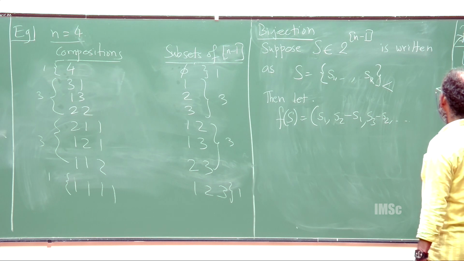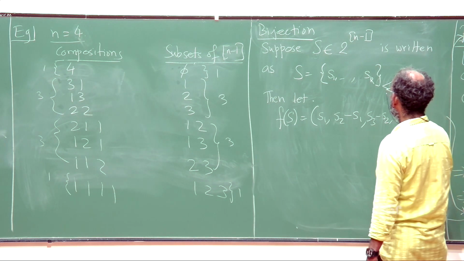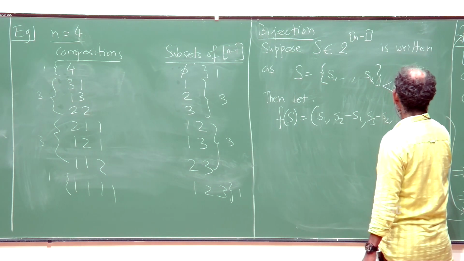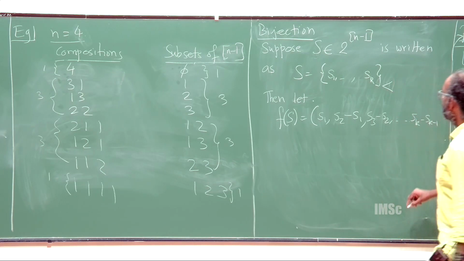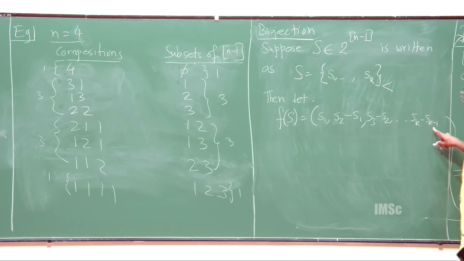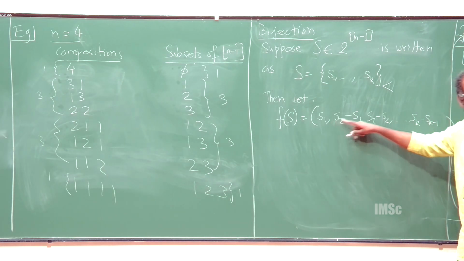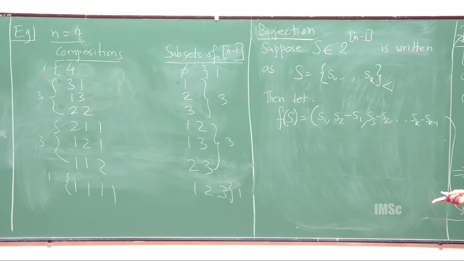And then I will take Sk minus Sk minus 1. But you see, what should this be a composition of? Of what size?